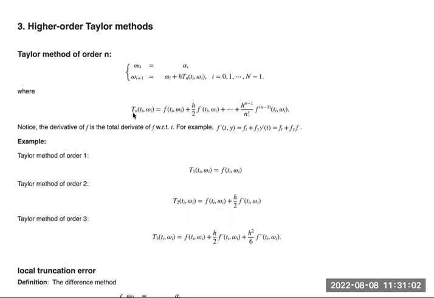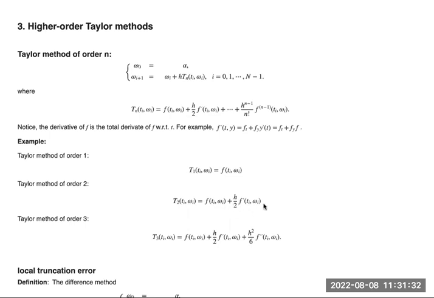And Tn here involves the derivative of f, and this is a total derivative, which means whenever you take the derivative with respect to t, you need to first take partial f, partial t, and then you take partial f, partial y times y prime t. So this is called the total derivative of f with respect to time, right? So for order 1, you have this, which is forward order.